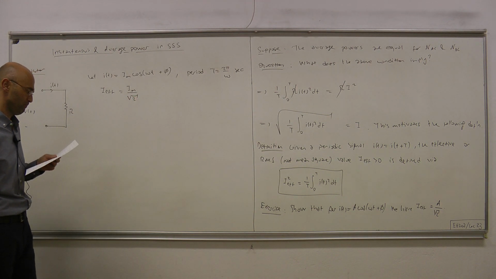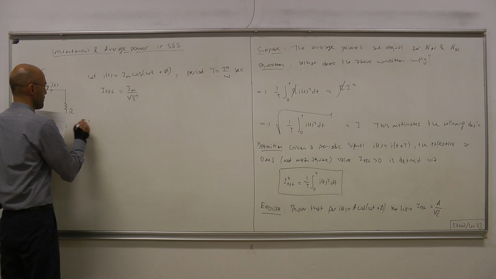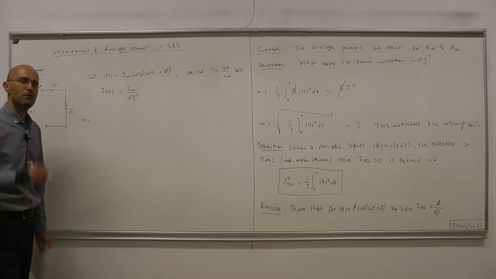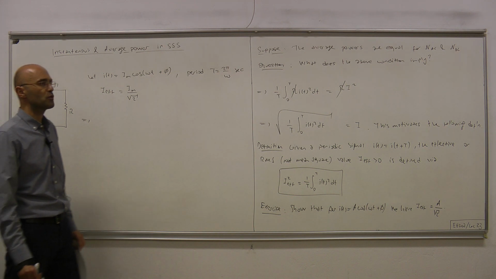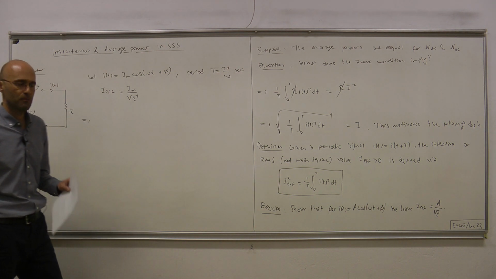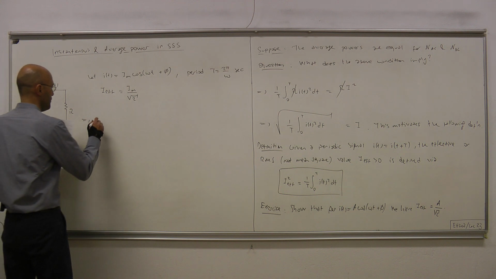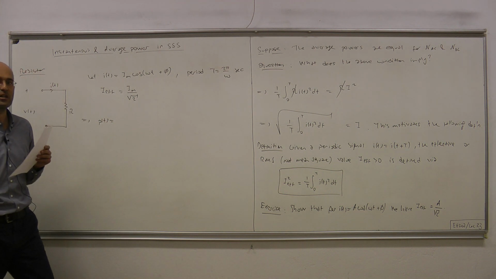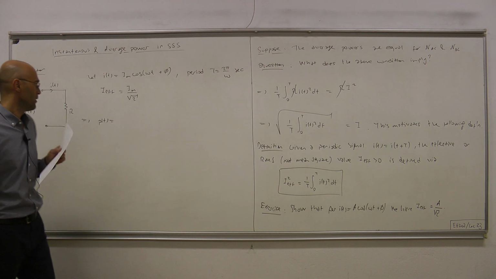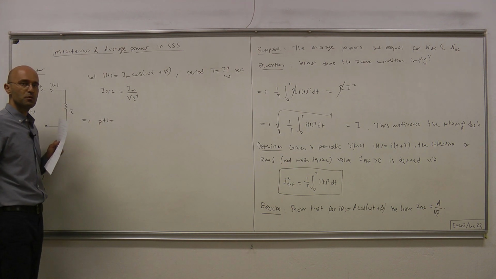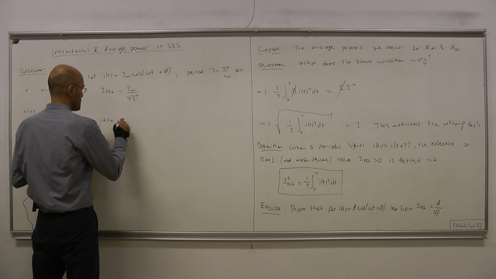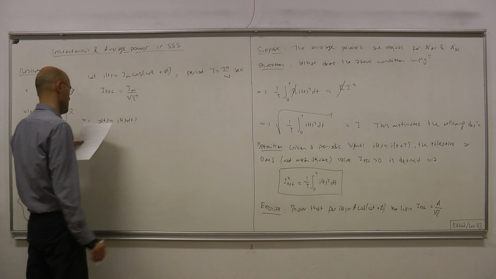square root of 2. Now let's, for this component, compute both the instantaneous power, and once we have the instantaneous power, we can also talk about its average value. Okay. Now, by definition of instantaneous power for any single branch element, we have p of t equals the product of current and voltage. Okay, p of t equals i(t) v(t).